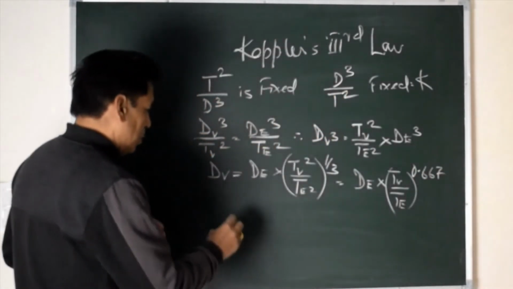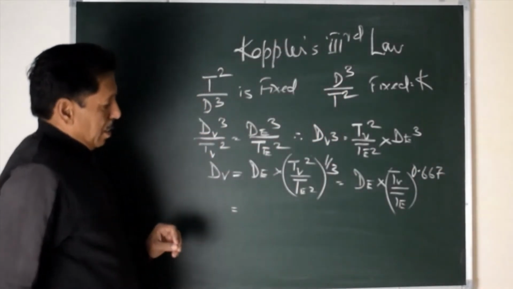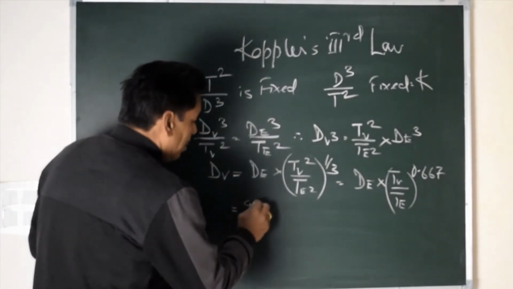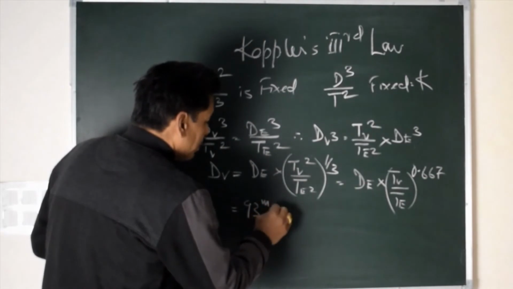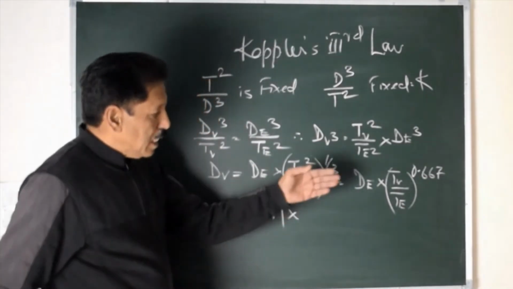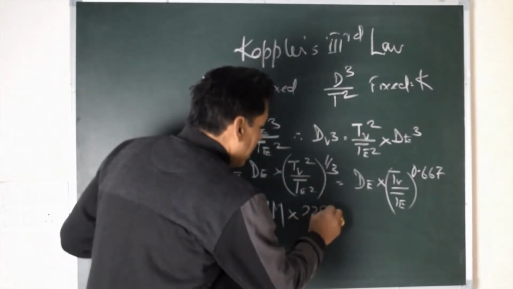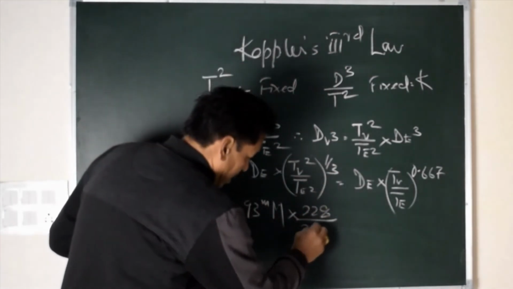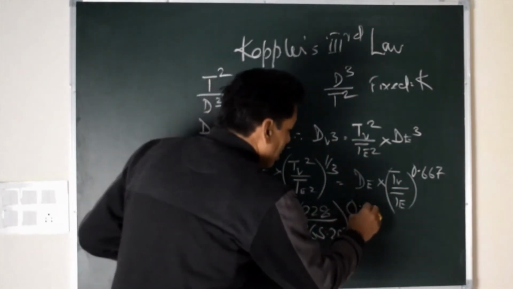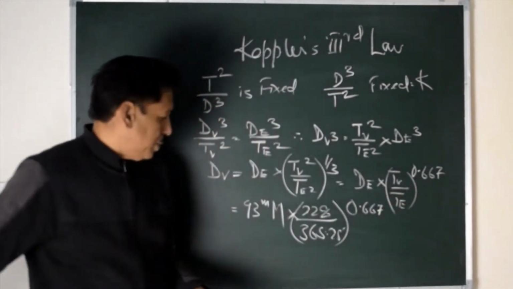If we put in the values, the distance of Earth from the Sun, let's take it as 93 million miles, multiplied by tv, which is 228, upon te, that is 365.25, to the power 0.667.